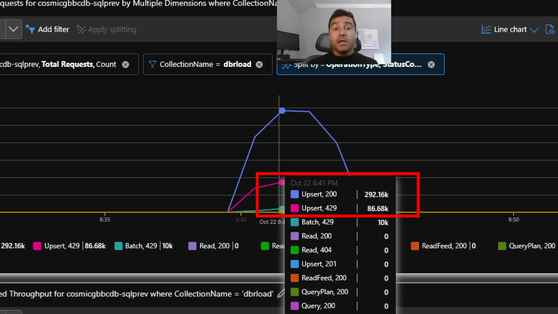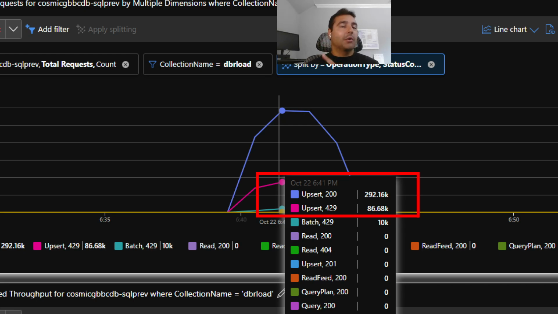That may be the case. You may be under-provisioned in Cosmos DB. But the key point here is that this normalized RU doesn't look healthy, and you need to review and make changes to treat this workload better and accommodate the necessary amount of RUs for the workload. Okay, that's one of the scenarios.